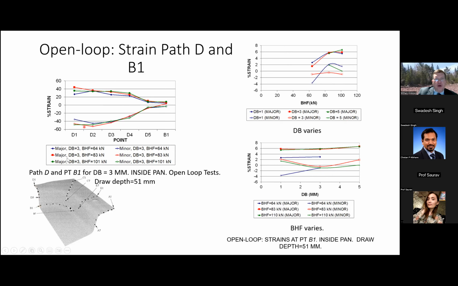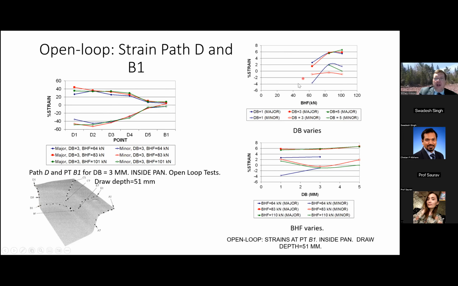So I decided I wanted to plot what the strains did along path D and include D1. And they look like they're in very good agreement, but then if you go back and look at the variation in the strains, this plot ranges from about positive 50% strain to negative 50% strain. And so the scale is deceiving us.